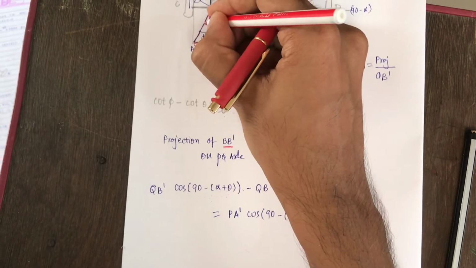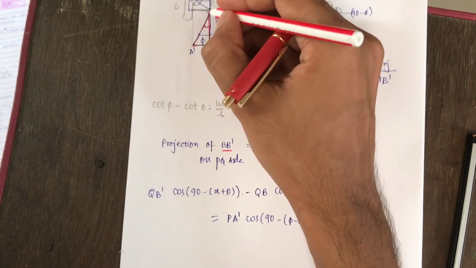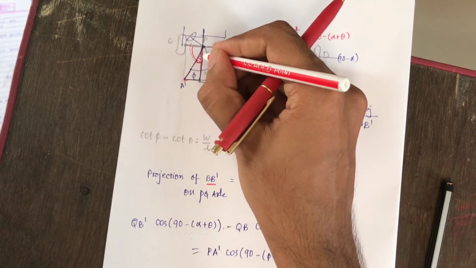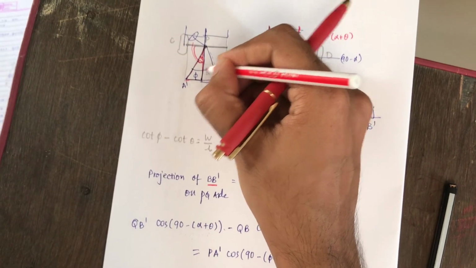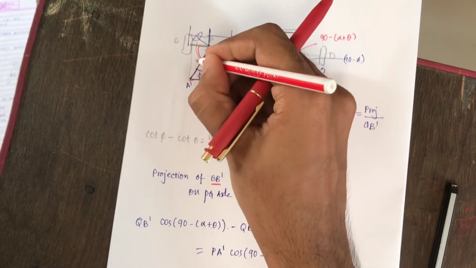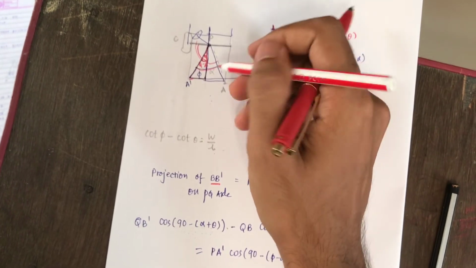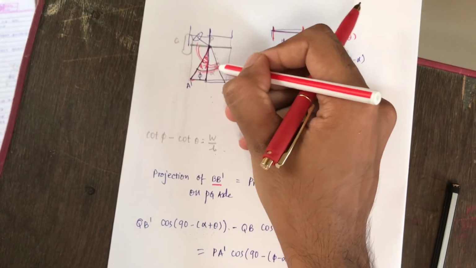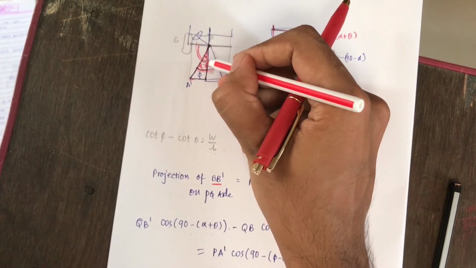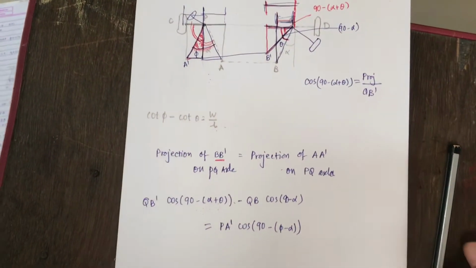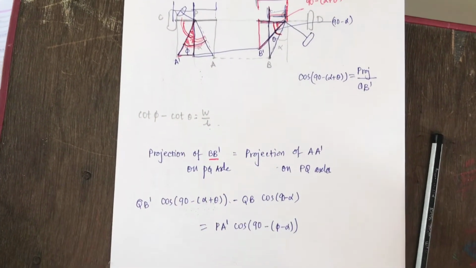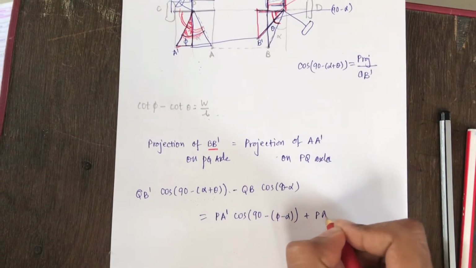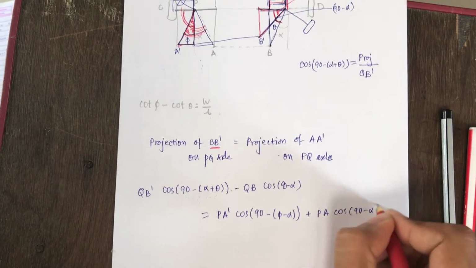For this triangle, the intermediate angle, the total will be 90 minus this angle. Here it is alpha, the total is phi, and here alpha, so it is phi minus alpha. From here to here it is the phi angle shifting and here alpha, so phi minus alpha will be this one, and it is 90 minus this angle. And it is plus PA cos of 90 minus alpha.